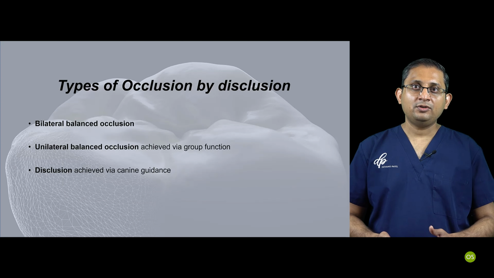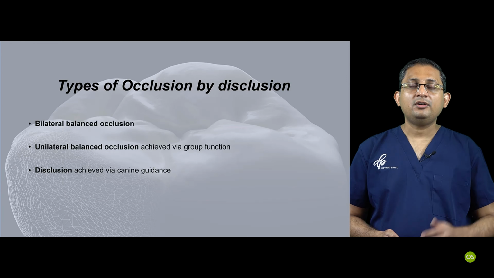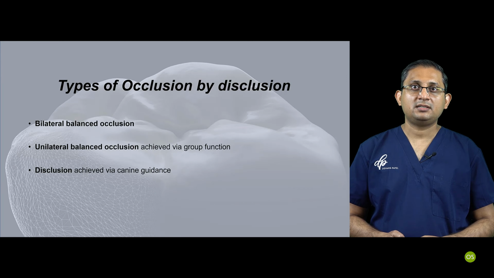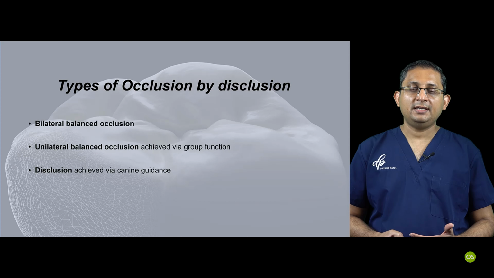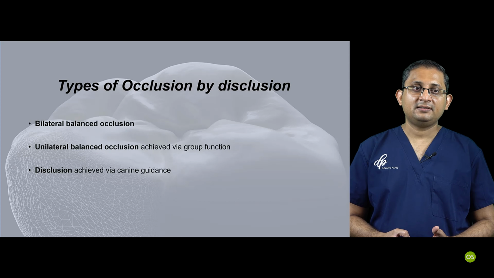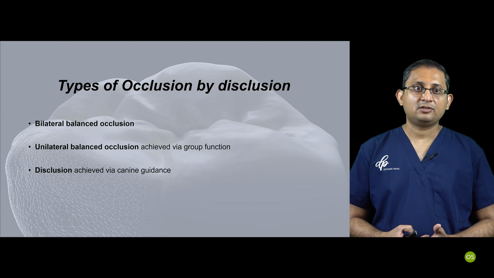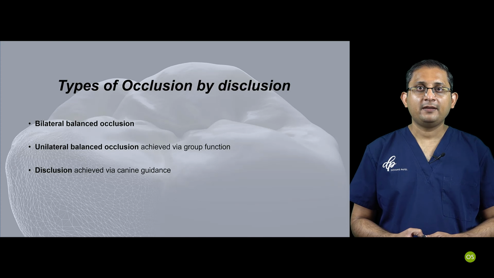So as we know that disclusion is important to avoid non-working side contact, what are the different types of disclusion? The different types of disclusion are bilateral balanced occlusion, unilateral balanced occlusion, and disclusion by a canine.